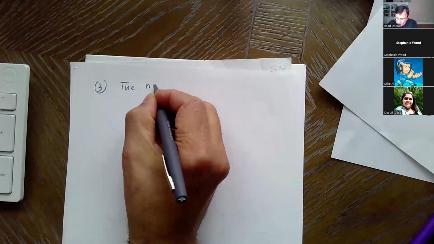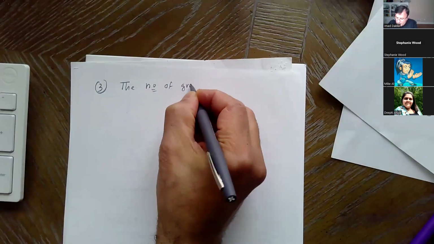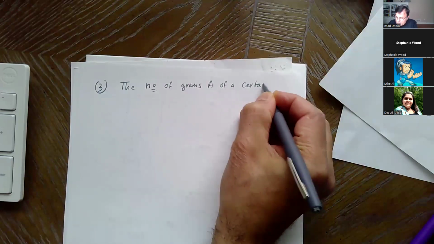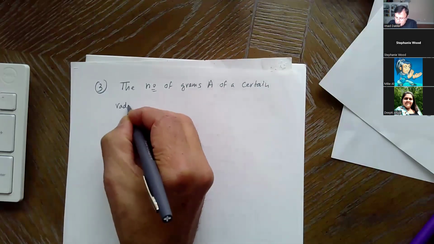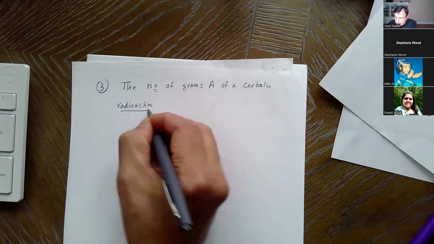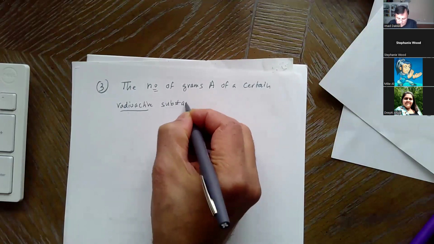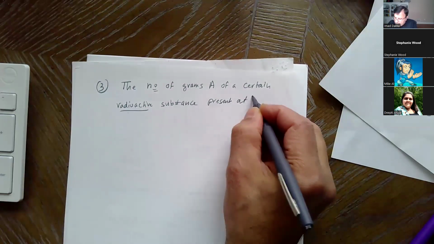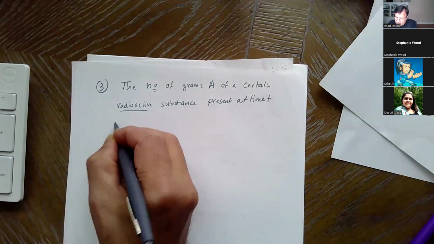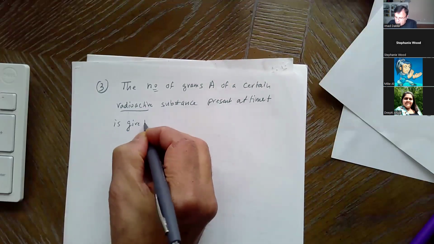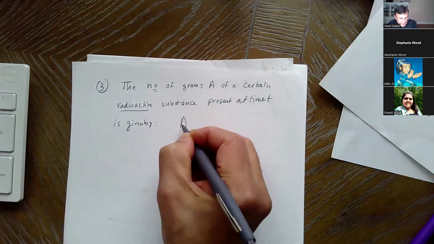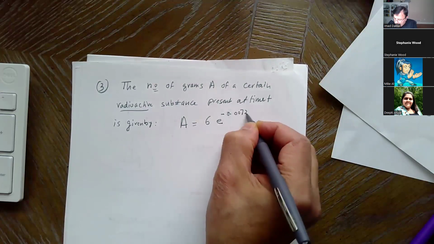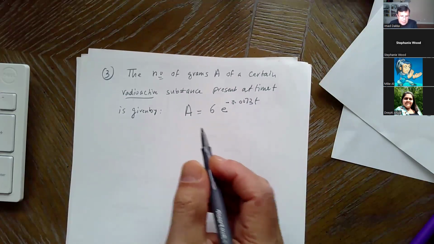The number of grams A of a certain radioactive substance present at time t is given by the formula A equals 6e to the negative 0.0073t, where t is the number of years from the present.